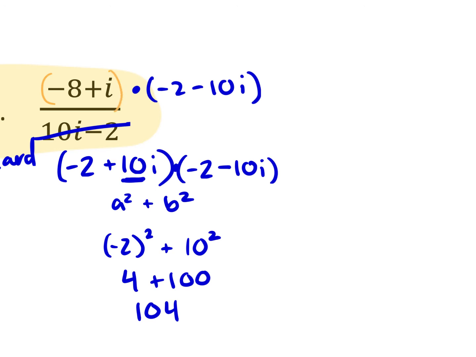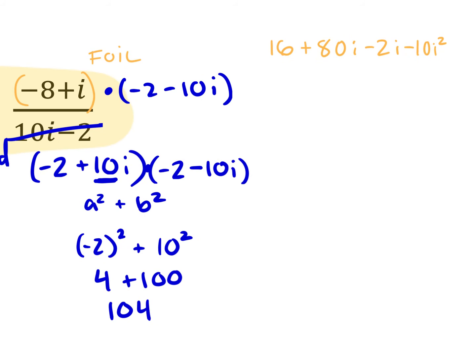So now let's look at the top. How do I multiply the top? I have to FOIL. So multiply the first, we get 16, the outsides plus 80i, the insides would be minus 2i, and then the last ones would be minus 10i squared. What can I do next?